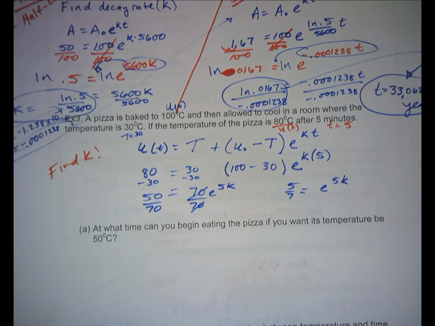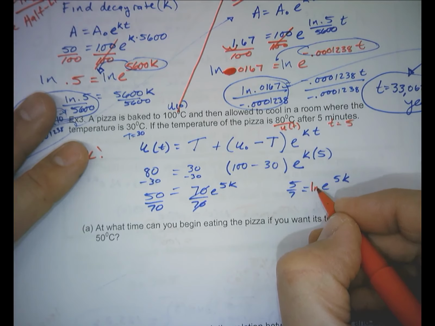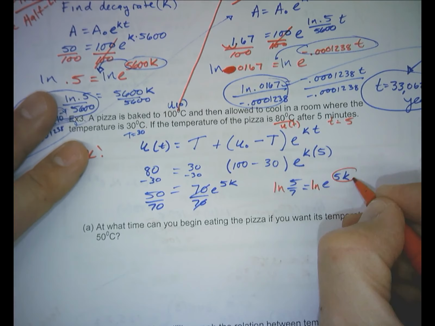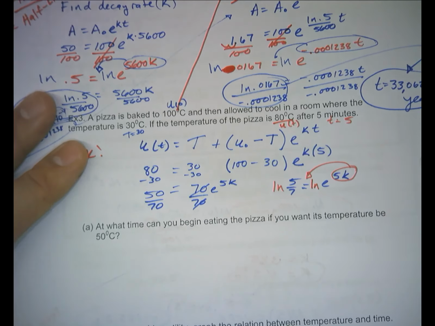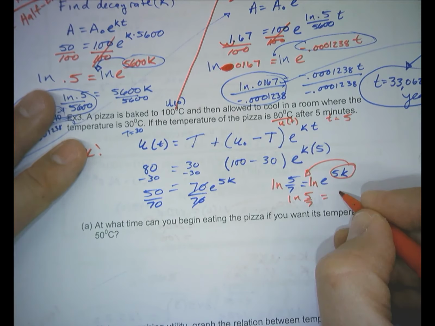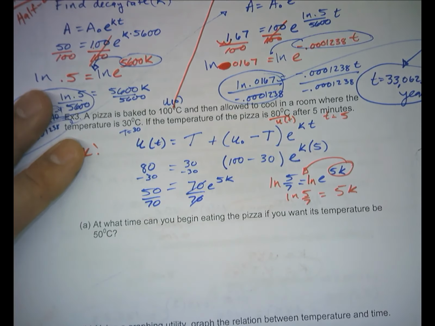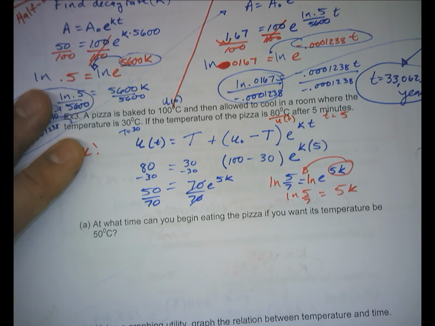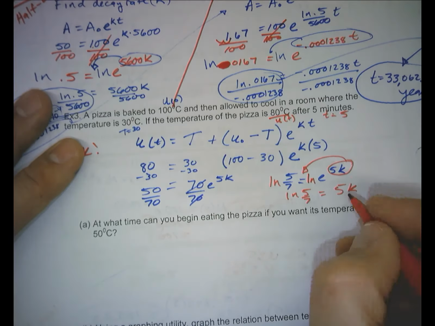Beautiful thing is we know how to solve this. We've been doing it 1,000 times now. To get up to that k, I've got to step on a log. Use natural log, so the natural log of e cancels. So I get the natural log of 5/7 equals 5k. Natural log of e is 1, so we don't need it. Divide by 5. Here we go.